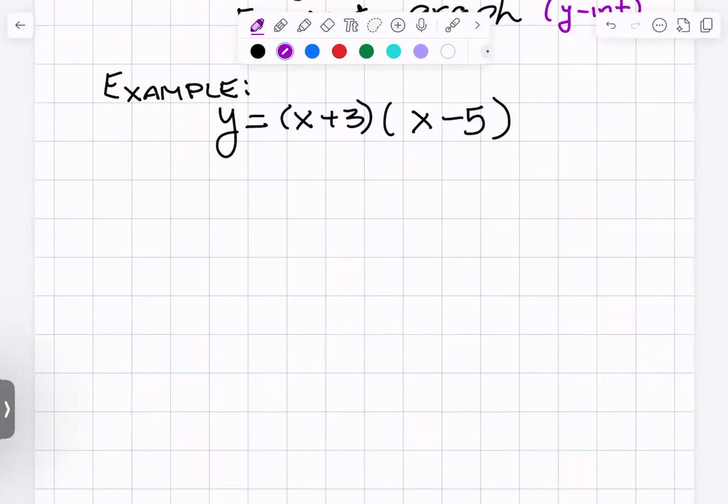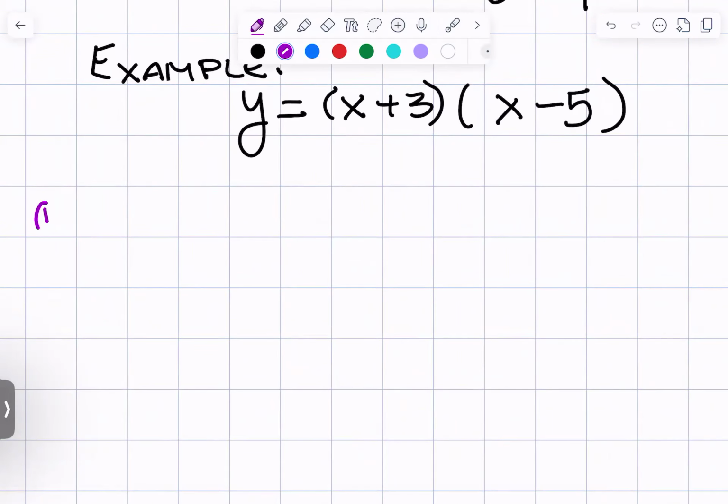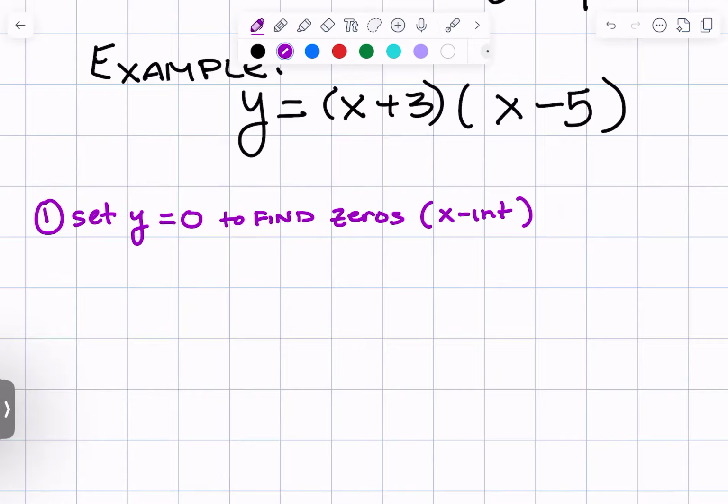So our first example is the example actually used in our previous example to find our zeros. So that's our first step. Yeah. Our first step is to set my y value equal to 0 to find the zeros of the function or our x-intercepts, right?